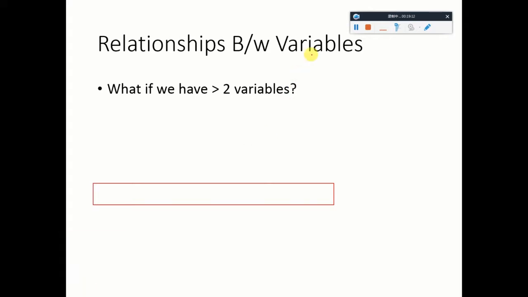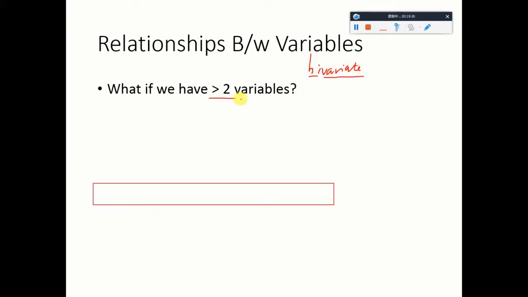Bivariate, V-A-R-I-A-T-E. Bi means two, right? Variate simply means variables. So relationships between two variables.